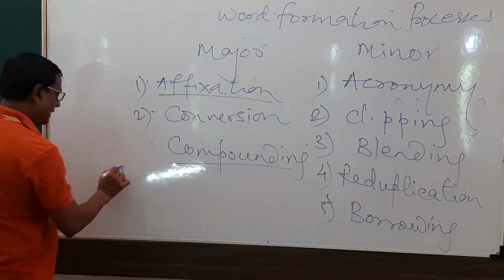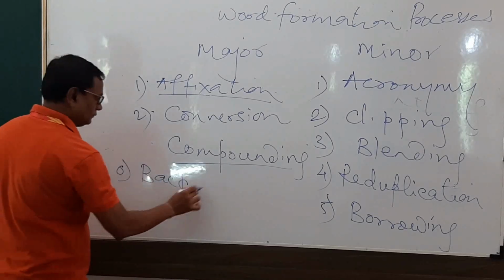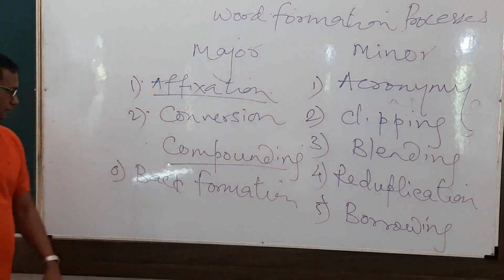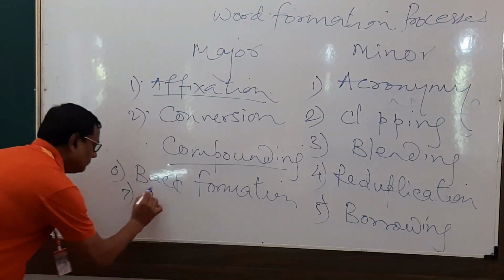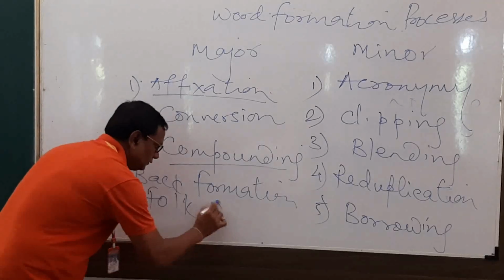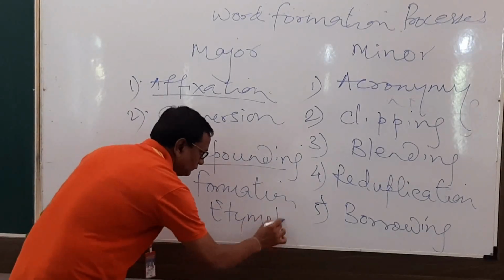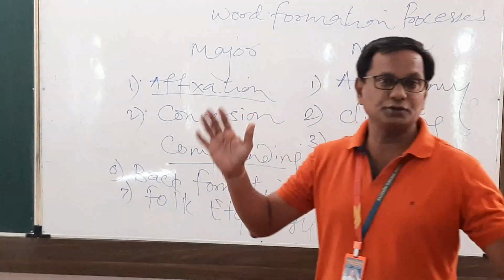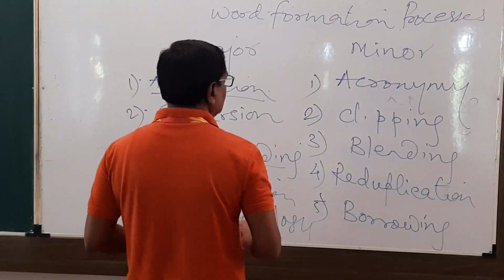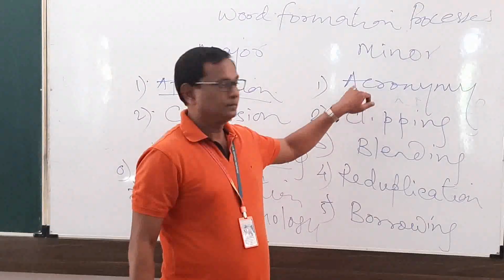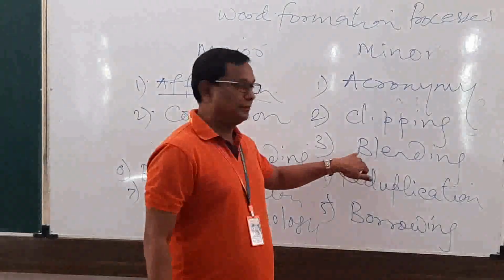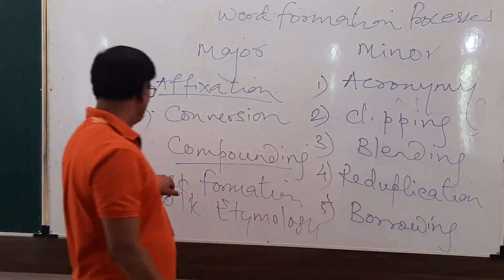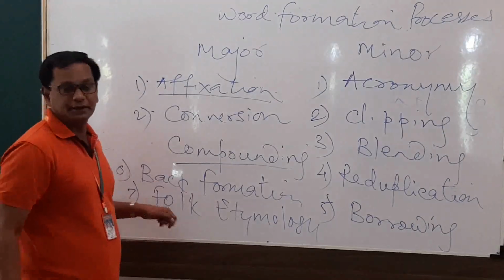Then we have back formation. The seventh one, folk etymology. So these processes are called minor word formation processes: acronymy, clipping, blending, reduplication, borrowing, back formation and folk etymology.